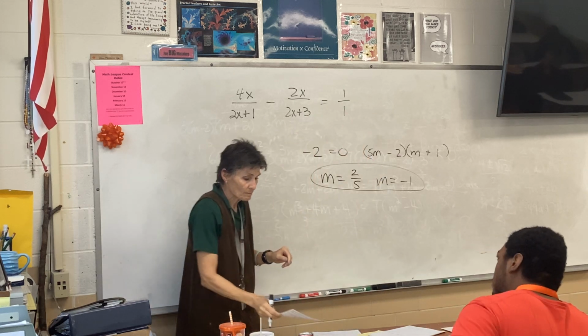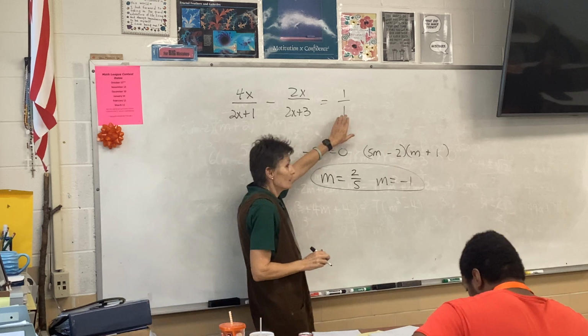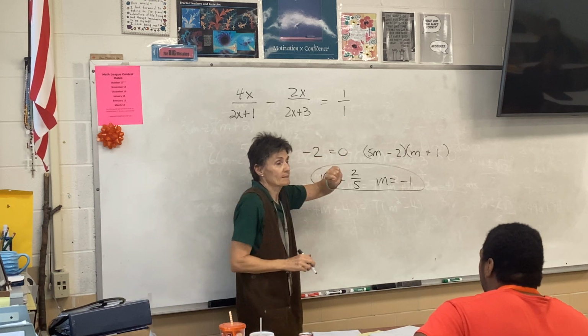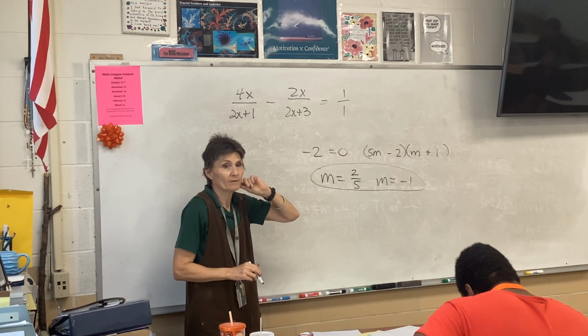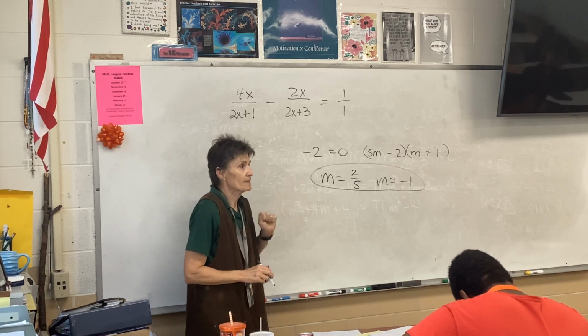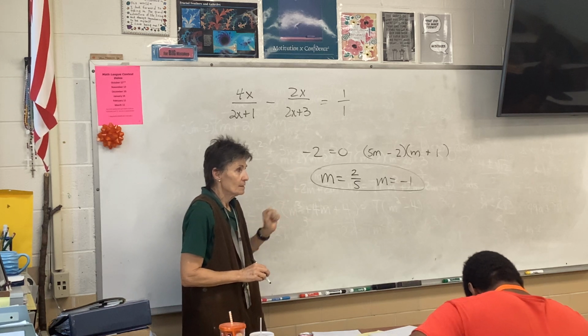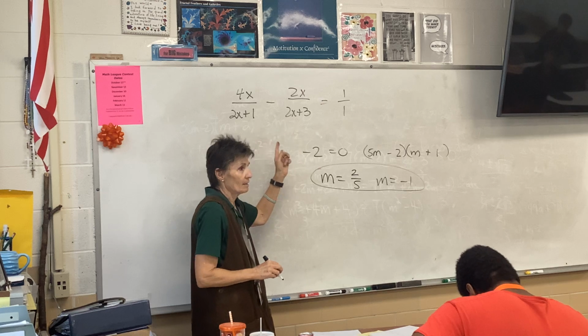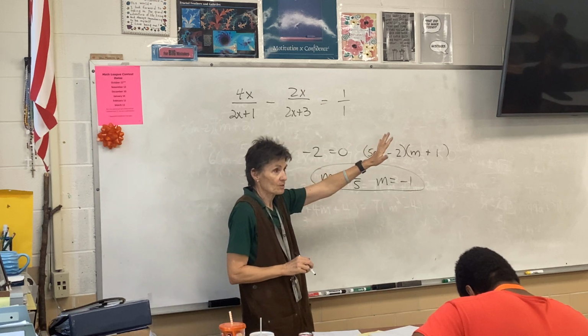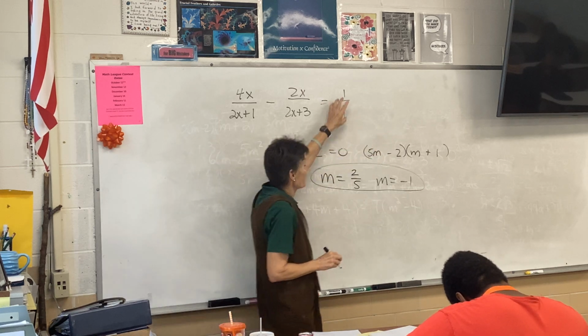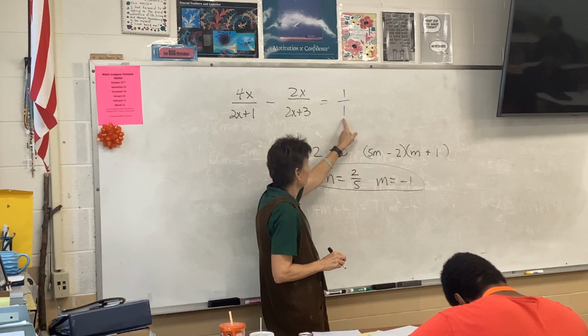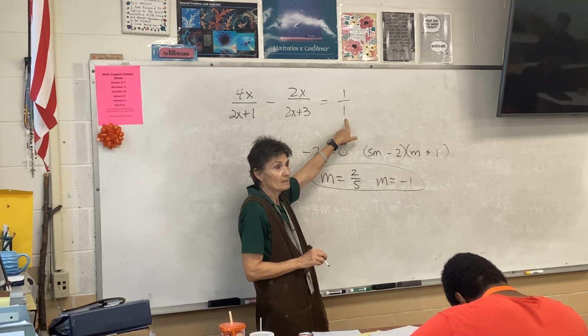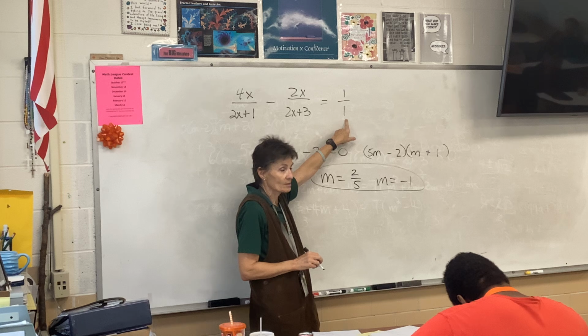Now, you may think I'm dorky, but I'm going to make that 1 over 1 because I have to remind myself that all of the denominators have to match. Not just the ones on this side, they all have to match. So I'm gonna write that as a fraction to remind myself it needs the same denominator as everything else.